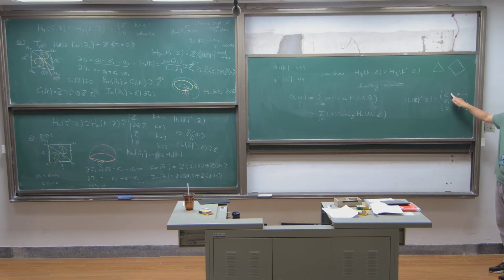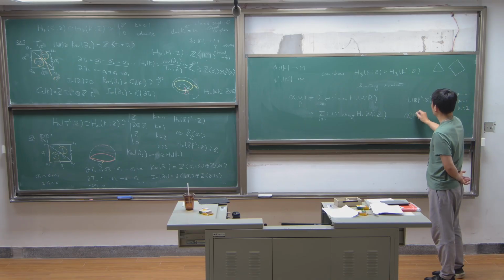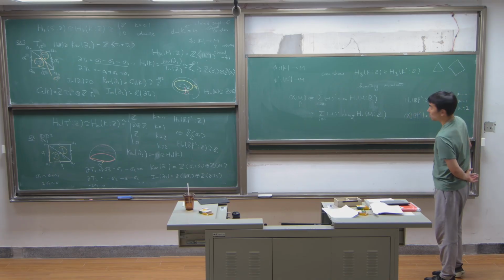Therefore, the Euler characteristic of RP2 is equal to what?